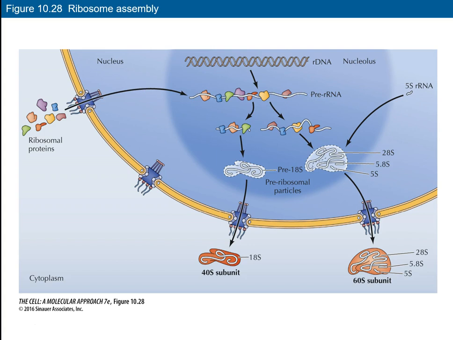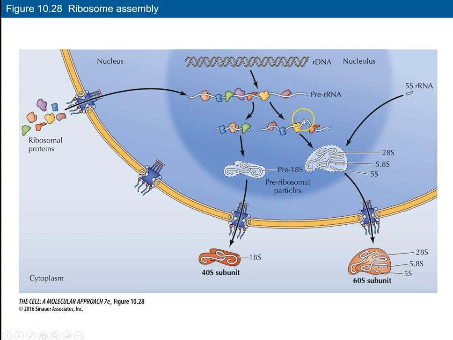From there, you're going to combine with this 5S rRNA, which, remember, is synthesized somewhere else outside of the nucleolus because it's transcribed by a separate RNA polymerase. But it has to come together here to form that pre-ribosome.